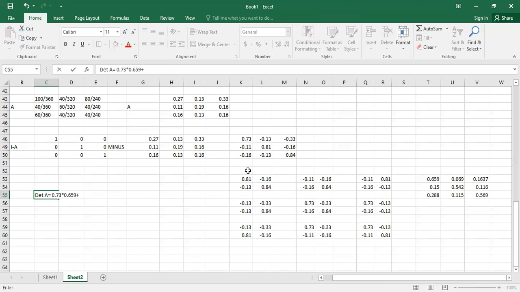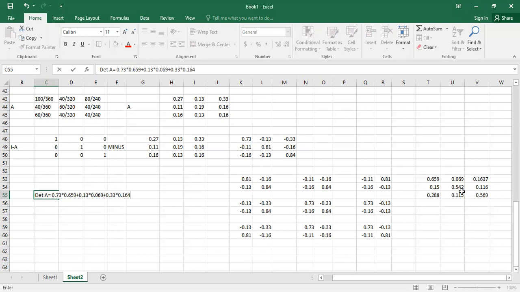We work with the first row. Then 0.13 multiplied by 0.069, plus 0.33 multiplied by 0.164.